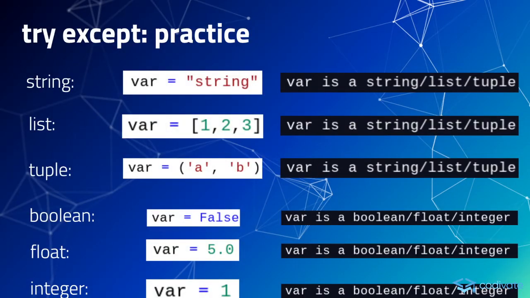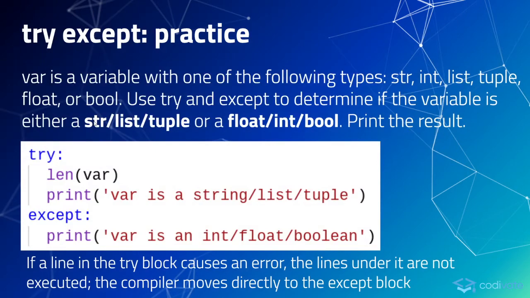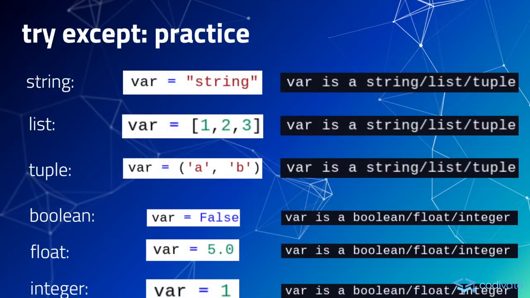It's always a good idea to test our code, just in case we have some mistakes, and we want to test for all the different cases. For example, in this last one, we want to check for string, list, tuple, and float, int, bool. So if we were to test all of these data types and run the program, we see when we have a string, it tells us it's in this category, which has string.